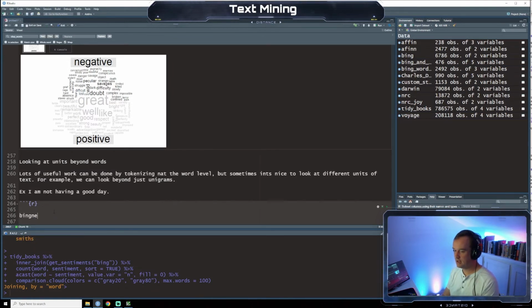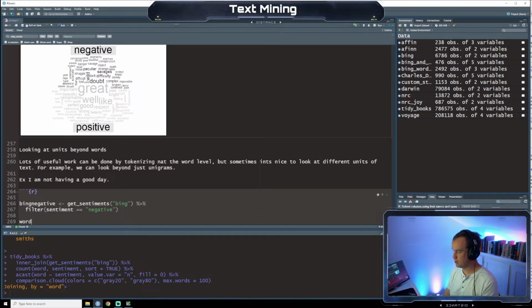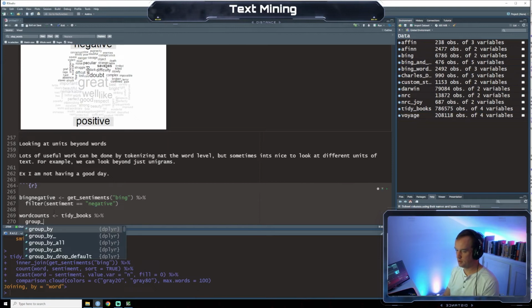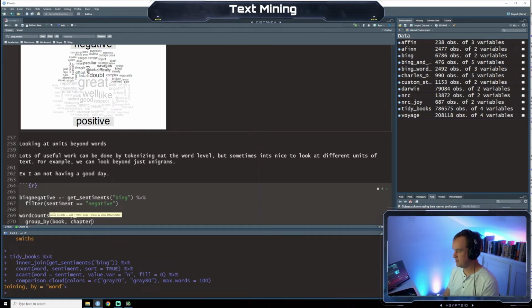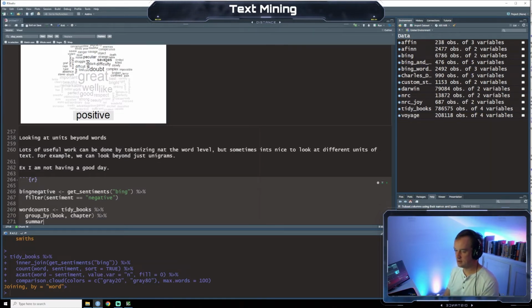So for being negative, we're going to say get sentiments Bing, and then pipe down and filter sentiment is negative. Then we're going to do word counts: tidy books, pipe down, group by book, chapter, summarize, words equals n.